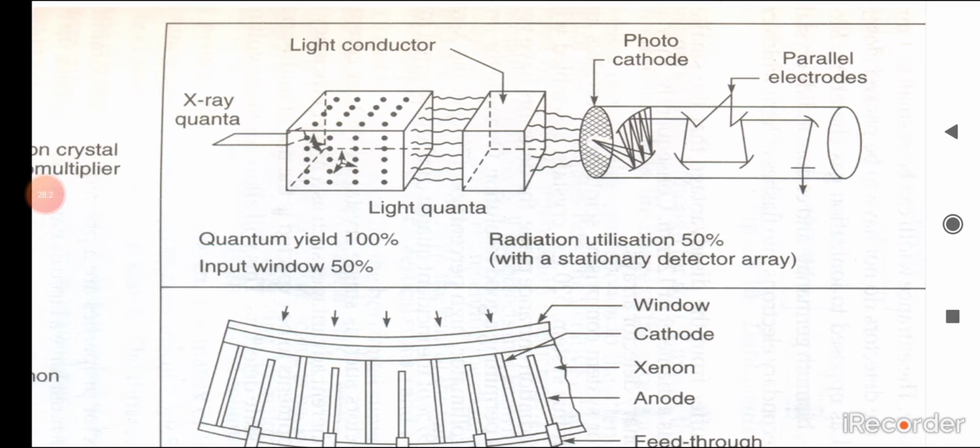The X-rays pass onto the light detector, light conductors, light quanta, photocathode, which collects the photons' energy, and then it is connected to the parallel electrodes.